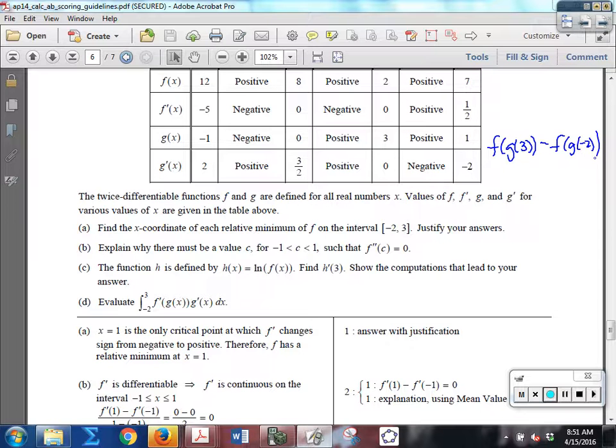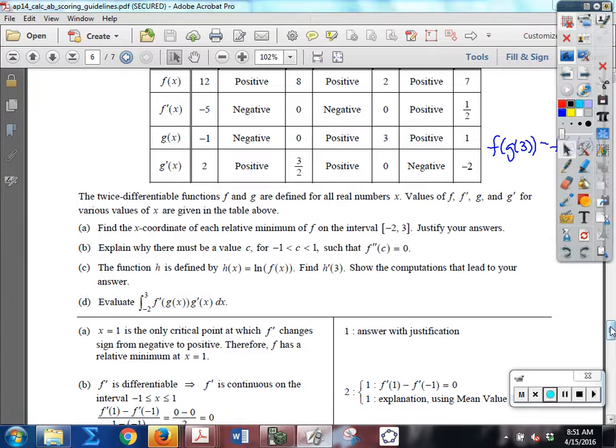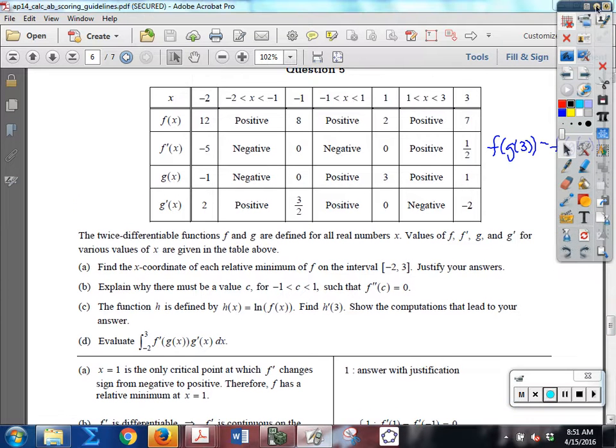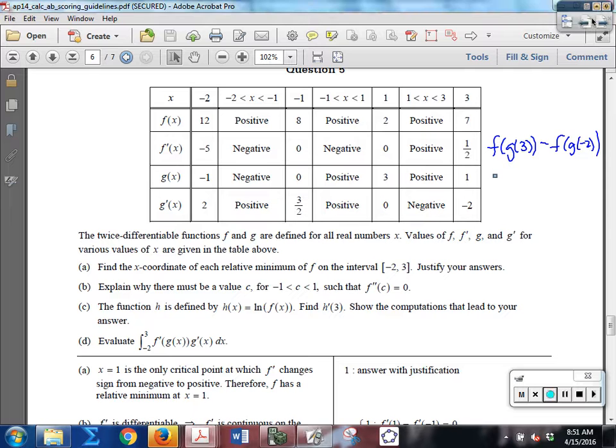So this turns into f of, what is g of 3? 3. So you got it, this is a lot of matching up the table the right way. And f of, what is g of -2? So now I've got to go f of 1.